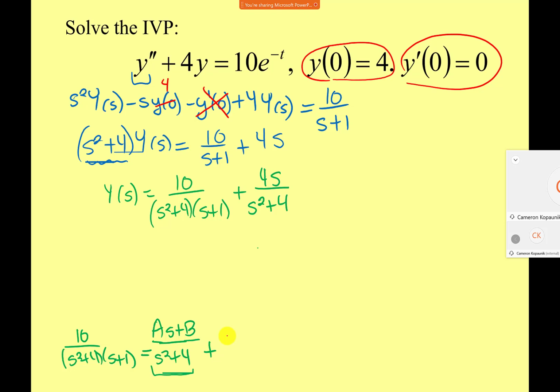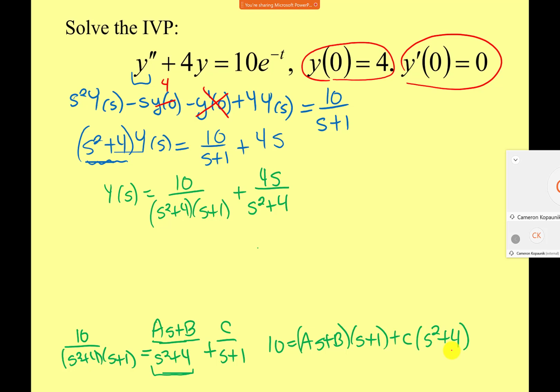And then the other one is going to be C over s plus 1. All right, so now when I clear the fractions, I'm going to have 10 equal (As plus B) times (s plus 1) plus C times (s squared plus 4).